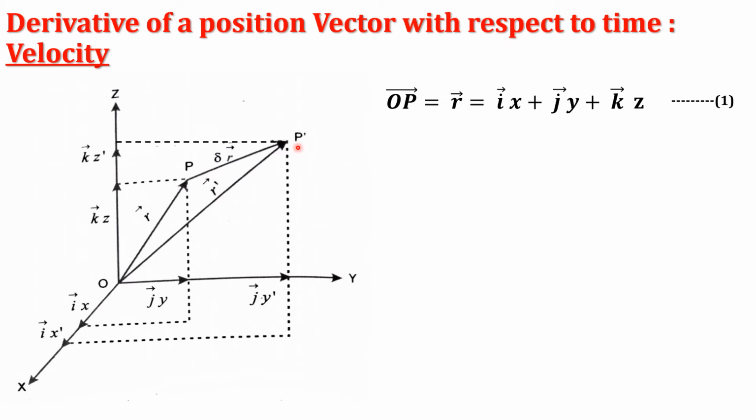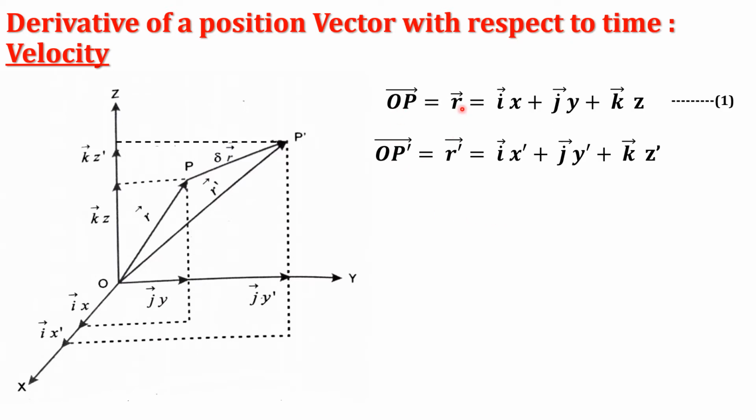Now we join the point P dash with the origin, we get another new position vector, vector r dash. Vector r dash is represented as vector OP dash equal to i x dash plus j y dash plus k z dash.